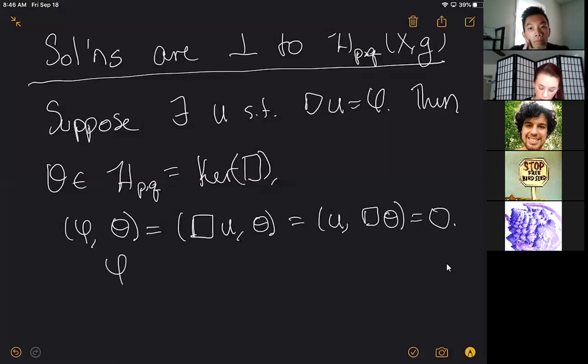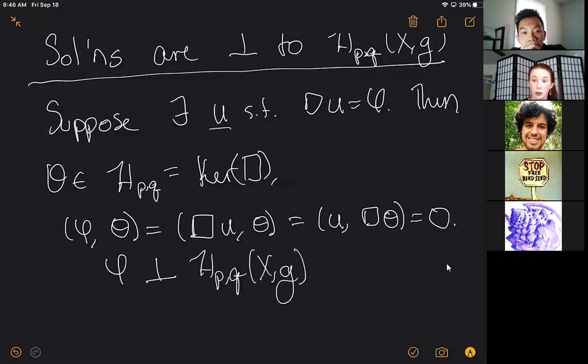So from this, it follows that our solution phi must be perpendicular to our harmonic space if we want there to be such a U. So this is a necessary condition.